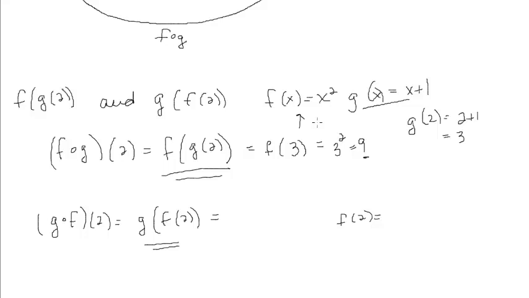Let's see, f of x is x squared, so I will replace x with 2 in the f function. 2 squared is 4. So now I just need to find g of 4. I go to the g function and I replace x with 4. So g of 4 is equal to 5. So g of f of 2 is equal to 5.